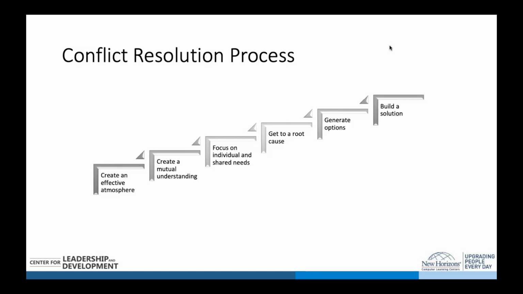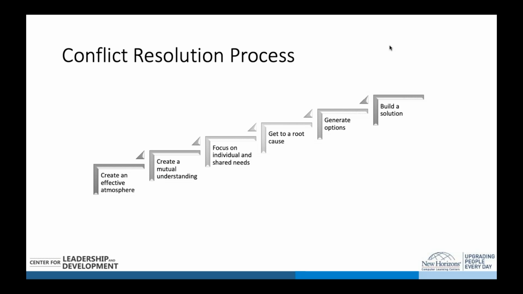The 6-step process to conflict resolution: creating an effective atmosphere to deal with the conflict, create mutual understanding, make sure people understand each other's sides of the story, focus on the individual and shared needs between both sides of the conflict, try and find out what the root cause is, dig down until you find out what is fundamentally causing this. Generate tons of options on how to deal with this.